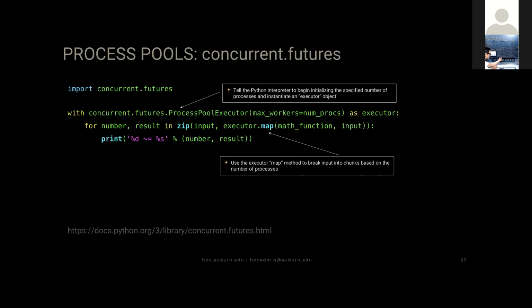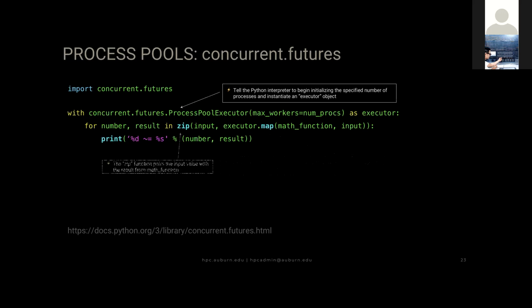You can specify the chunk size with an extra parameter, but by default, I think Python does a pretty good job of dividing that up according to the number of cores you have available. And then this zip function is really just to pair the input value with the result. So this was pulled from the Python documentation, modified slightly, at the URL listed below. I'd encourage anybody who wants to get more in depth with this to take a look there. It's all pretty well documented.